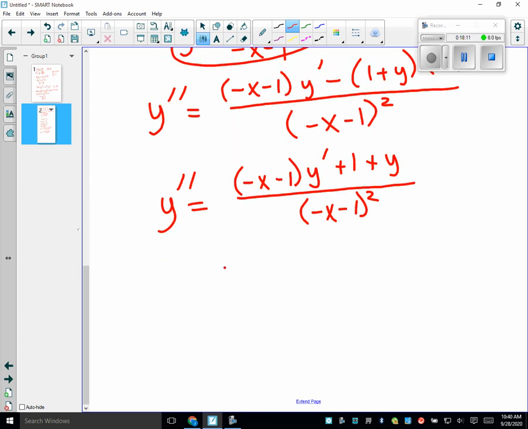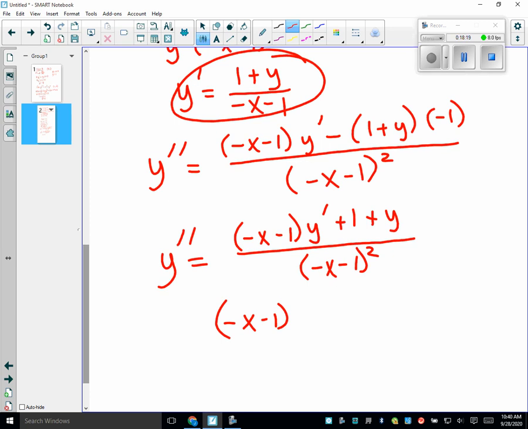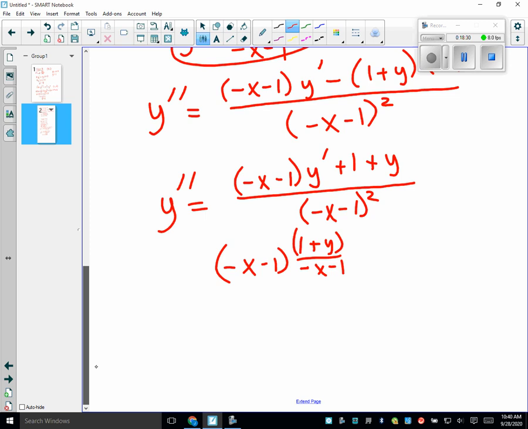So I have negative x minus 1 times y prime, which is 1 plus y over negative x minus 1. You're going to need another parenthesis. So I'll just cancel it out.